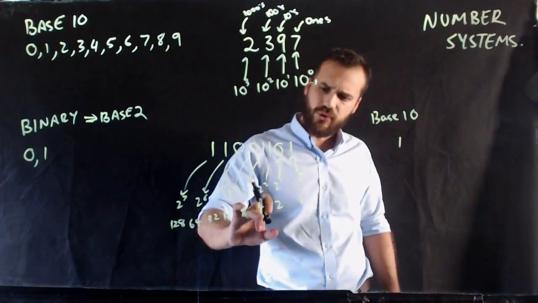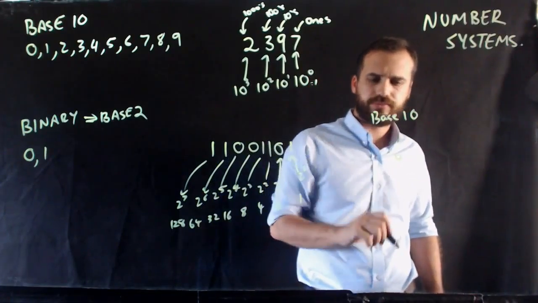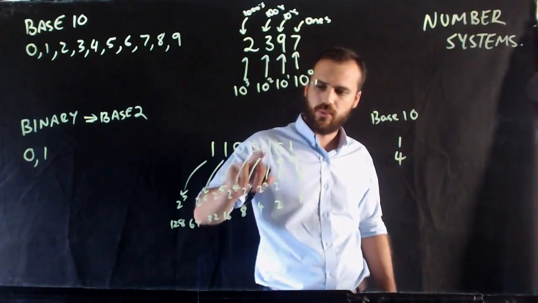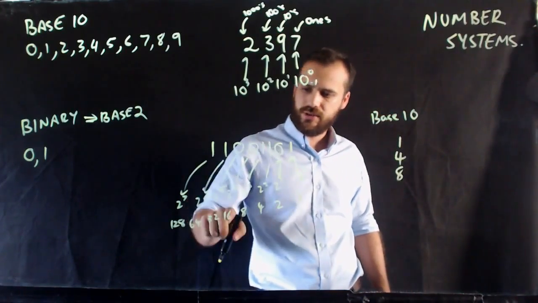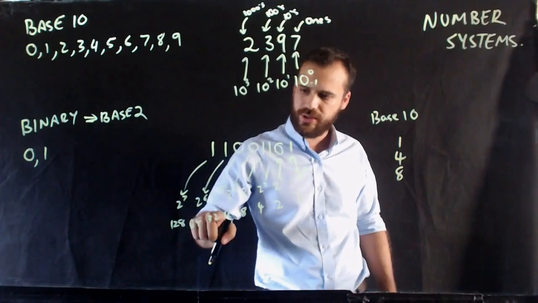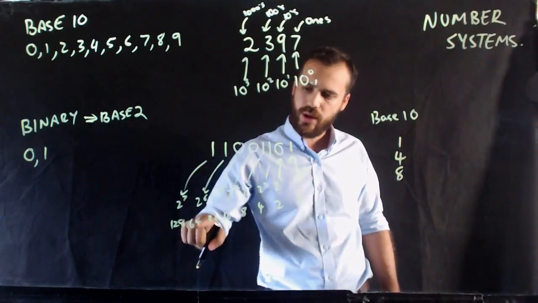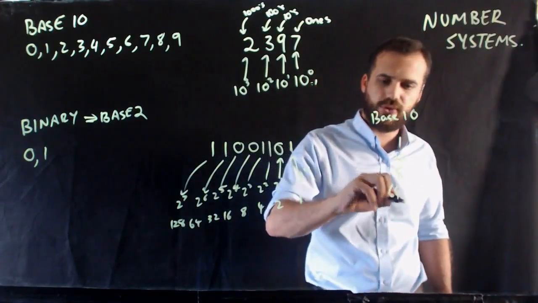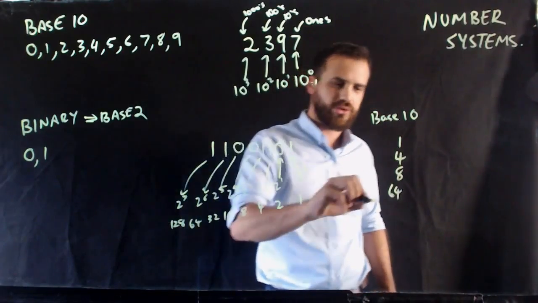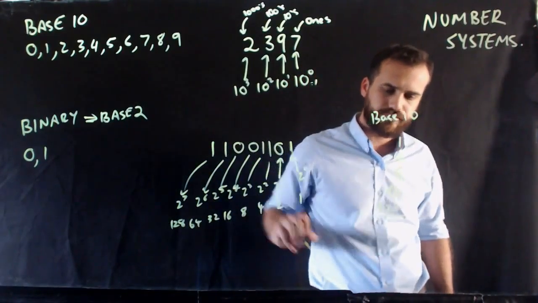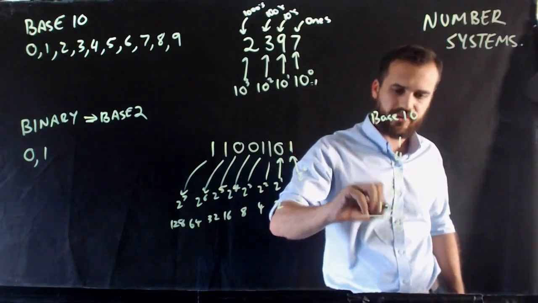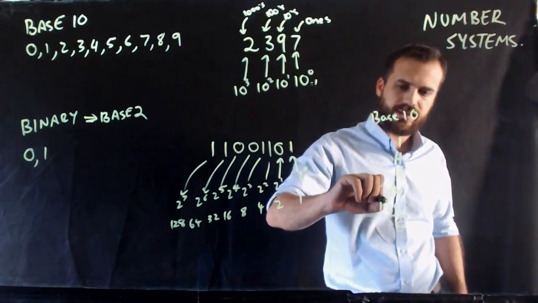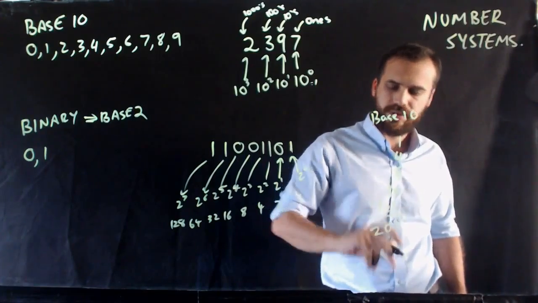There's a 1 in the 4's column, so that's 4. There's a 1 in the 8's column, so that's 8. There's a 0 in the 16's, so there's no 16. There's a 0 in the 32's. There's a 1 in the 64's, so there's a 64 there. And there's a 1 in the 128. And I can add them up.